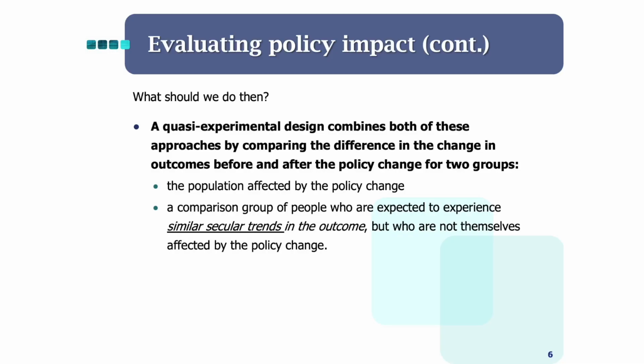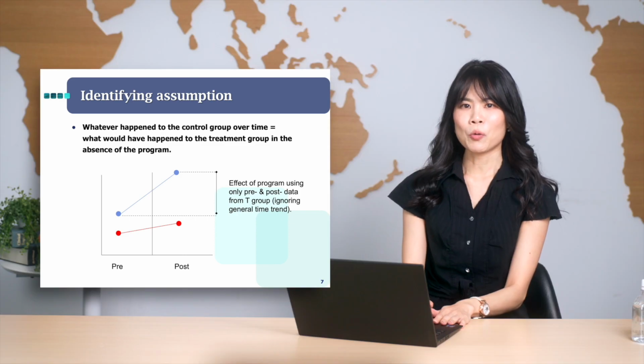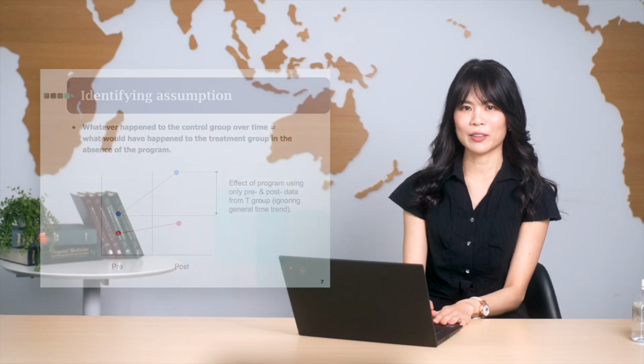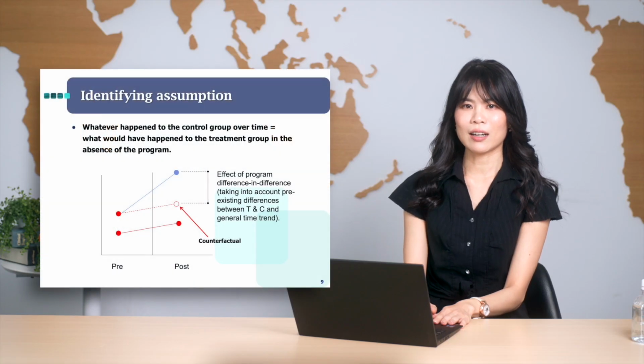So what to do? Well, the ideal way is to perform a quasi-experimental design where we assign a counterfactual to the treatment group. Here is the graphical illustration. So from before, we know that this distance here is not the true policy effect, nor is this distance. Instead, we assign a counterfactual to the treatment group using the trend of the control group.